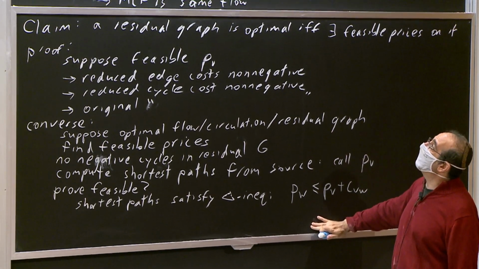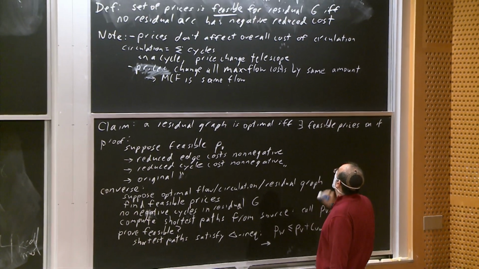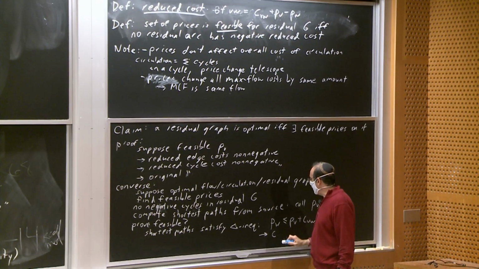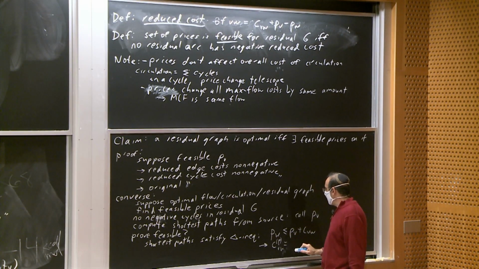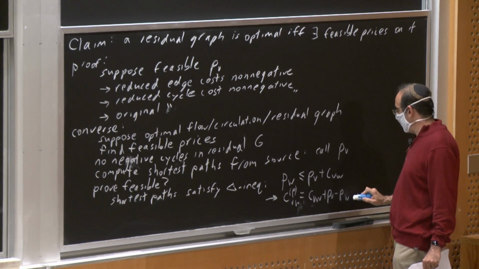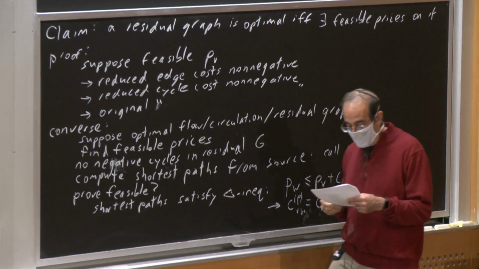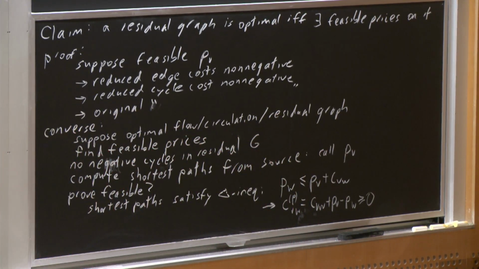And so if we go back and look at the definition of a reduced cost, this is denoted by putting a superscript P on the edge, and it's defined to be C_VW plus P_V minus P_W. And it's going to be greater than or equal to 0. Okay? So, really crucial theorem.